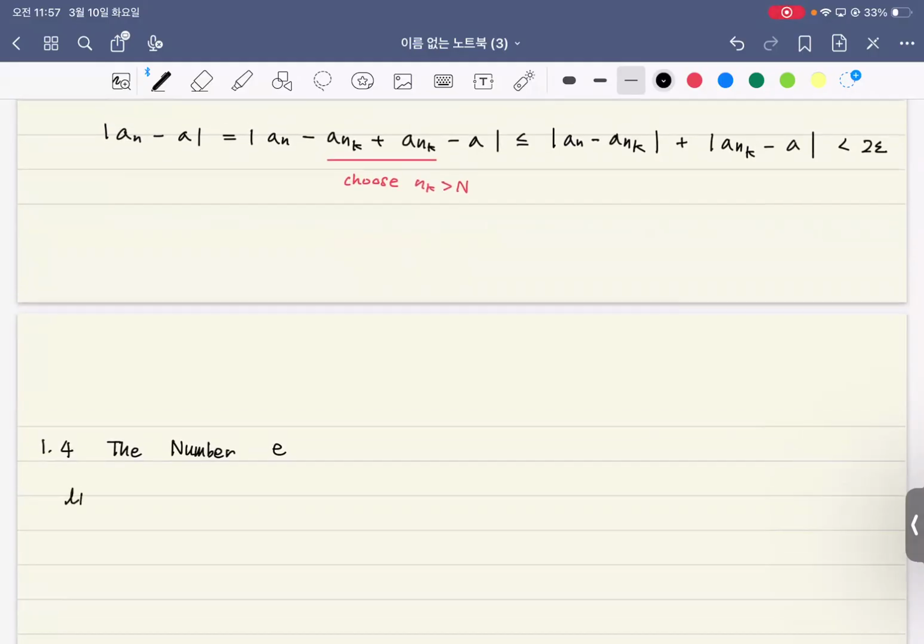Since there are so many different definitions for Euler's constant, I guess the most widely known definition is the limit of this sequence: (1 + 1/n) raised to the nth power is converging, and the limit of this sequence is defined to be Euler's constant.